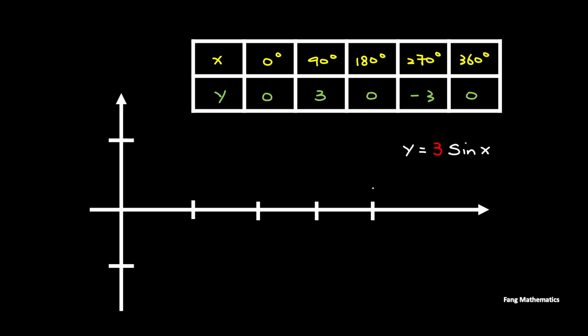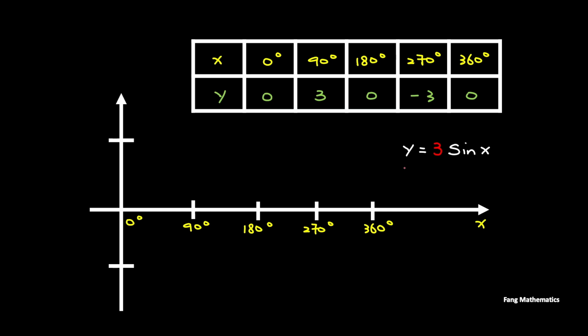We are going to graph the coordinates. Let's label the x-axis first. At the intersection, there's 0 degrees with 90 degrees interval. And now we are going to mark the y-axis. We look at the multiplier attached to the trigonometric function.